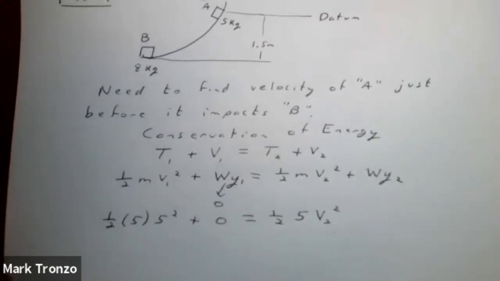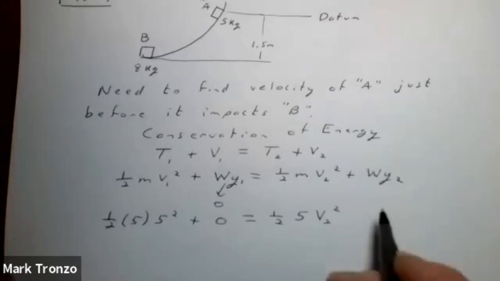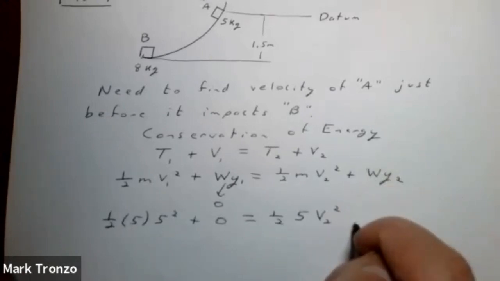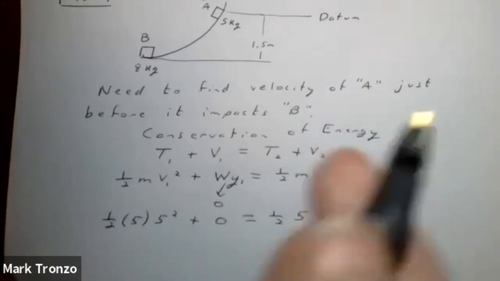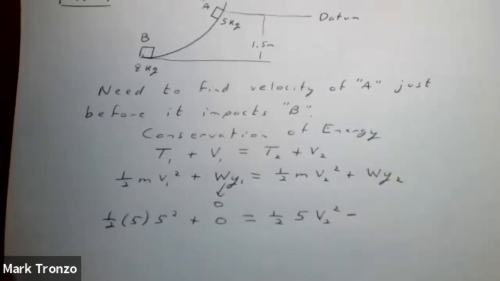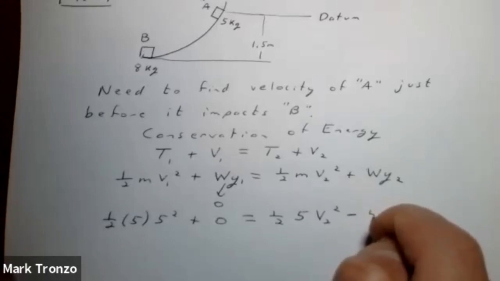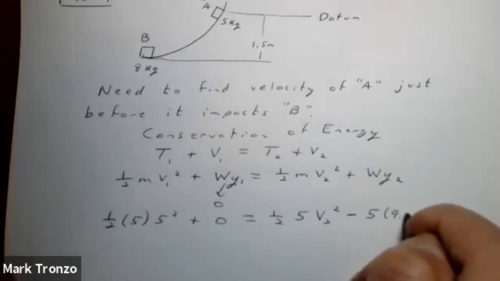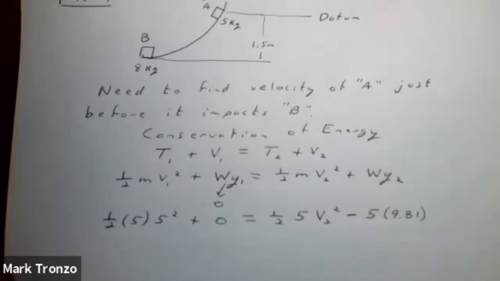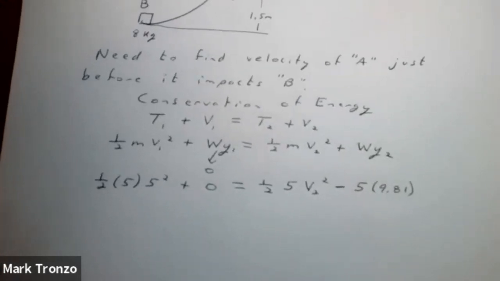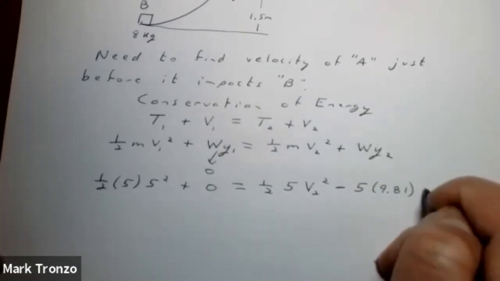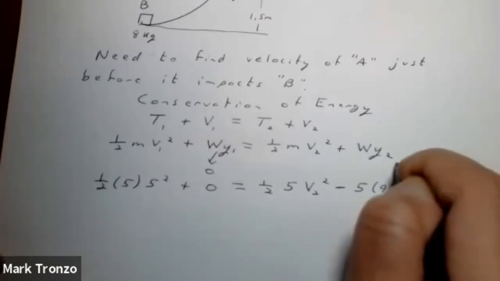And then once it gets down to B, our mass will be below the datum line, so it's going to make it negative. Again, remember that's because we're below the datum line. And the weight is 5 times 9.81. And then it's 1.5 meters below the datum line.